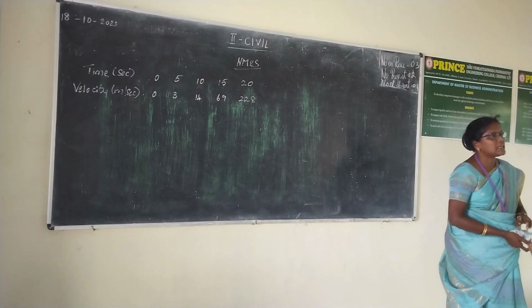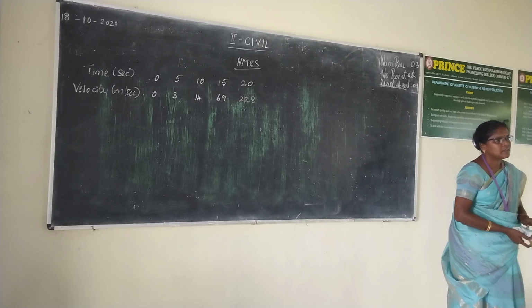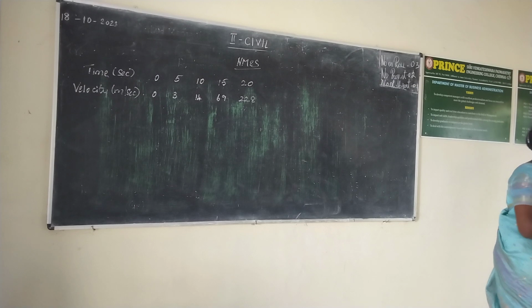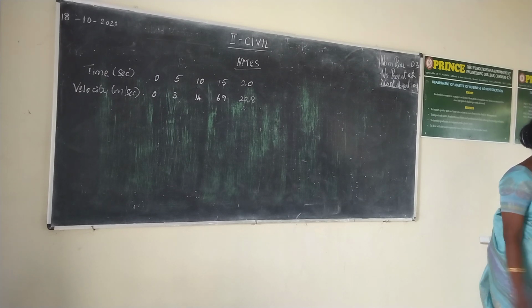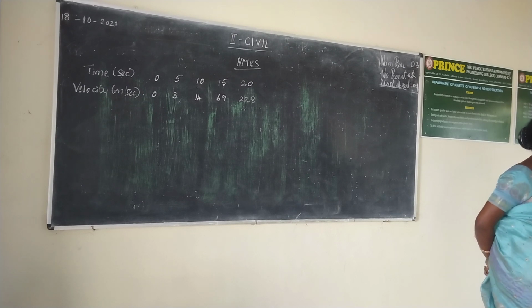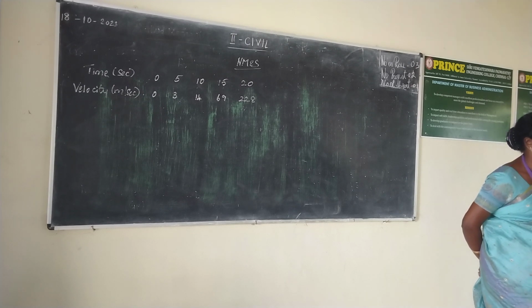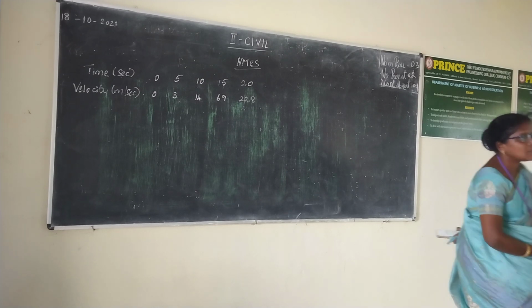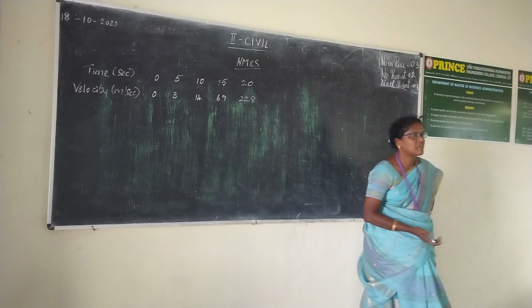What is the relation connecting velocity and acceleration? Right from school days you have studied this. The rate of change of velocity with time is acceleration. The rate of change of displacement is not acceleration.